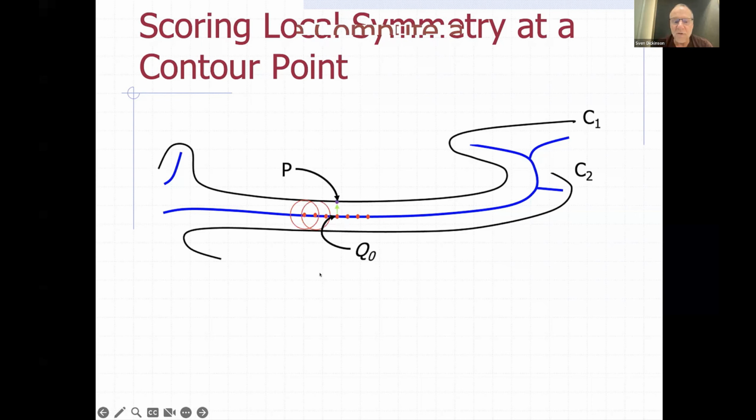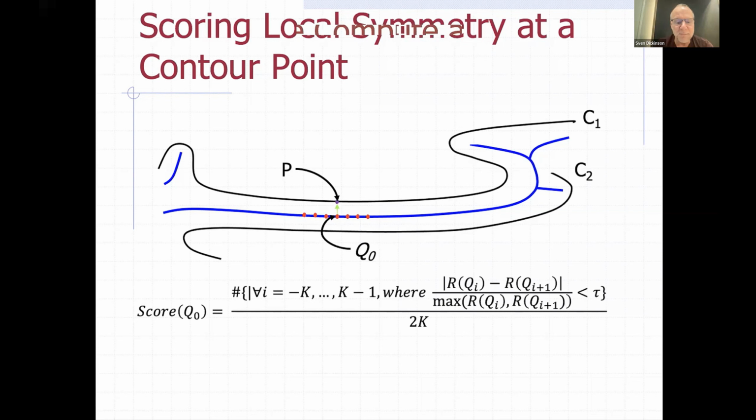We're going to look at how the radius of the maximally inscribed disk changes as we step through these points, and we're going to develop a very simple scoring measure that looks at how the radius changes as a function of the distance between the two contours. If the radius change is very small, then we're going to score that point, roughly giving you a notion of how many points along the axis reflect a nearly parallel relationship between the points on either side of the contour.